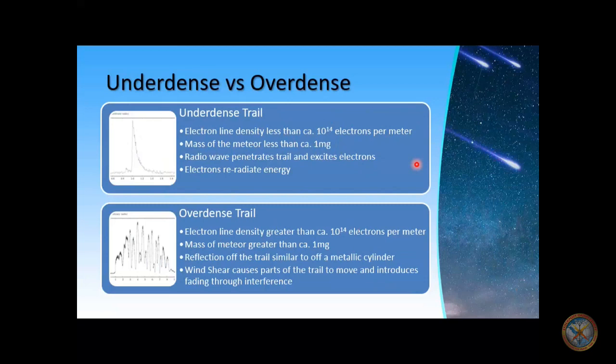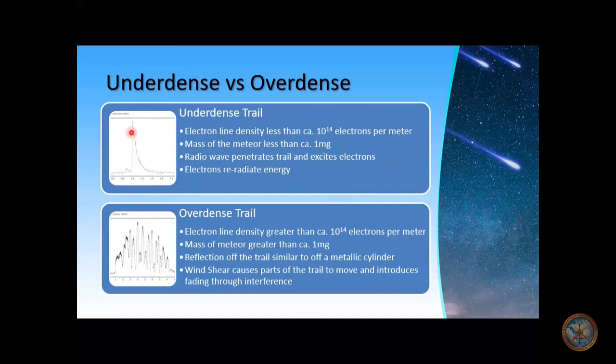And because there are winds up there in the E layer as well, wind shear causes parts of the trail to move, and then you can get interference by reflection from different parts of the trail, causing fading.